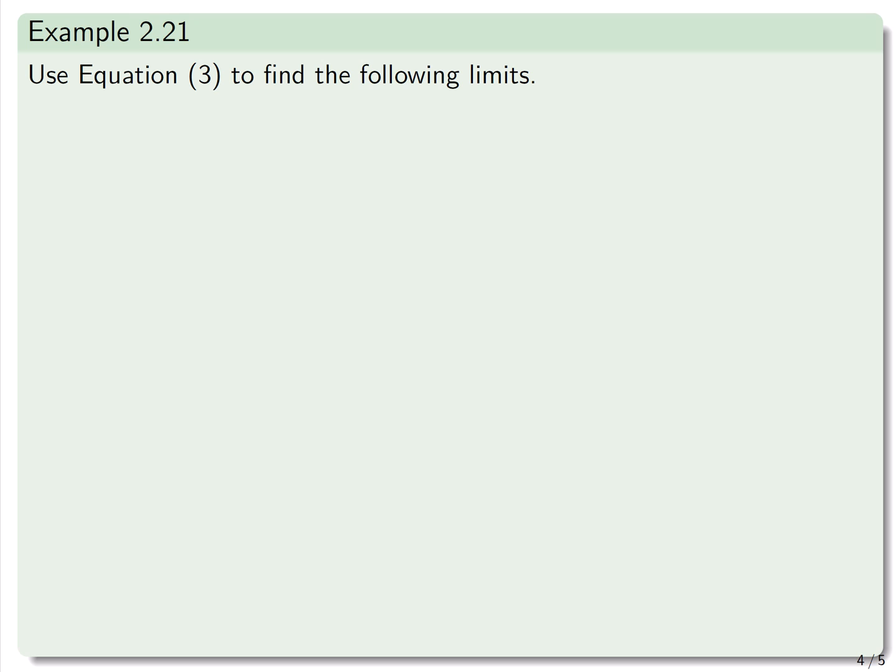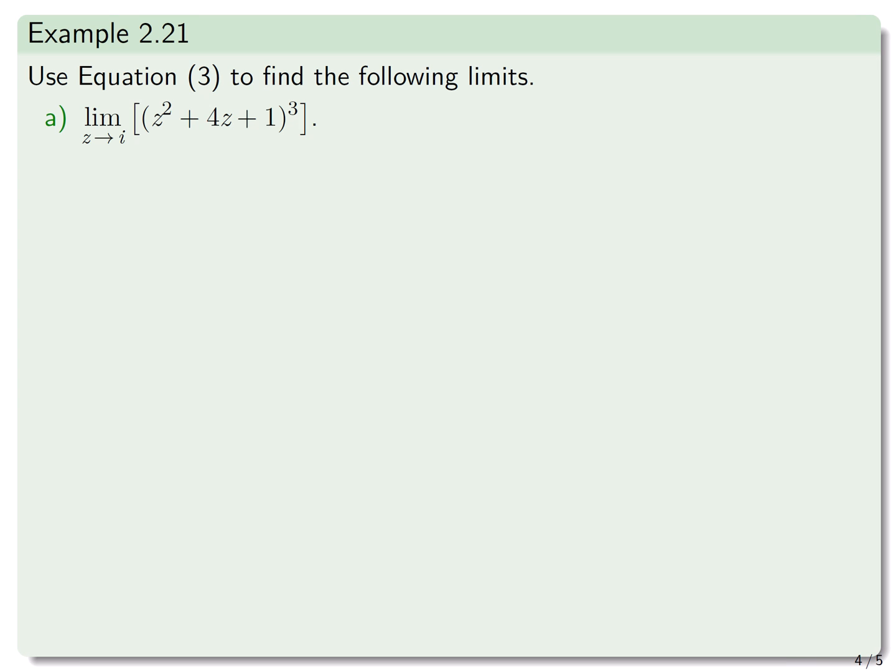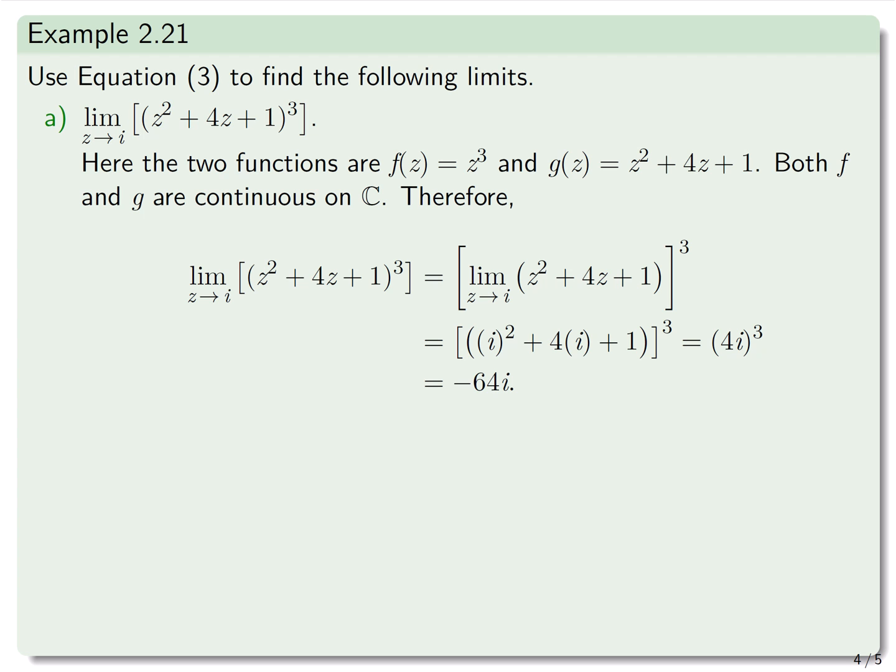Now we look at a few problems using equation 3, the limit inside formula. The first one: the limit as z goes to i of (z^2 + 4z + 1)^3. The outside function is f(c) = c^3, and the inside function is g(c) = c^2 + 4c + 1.